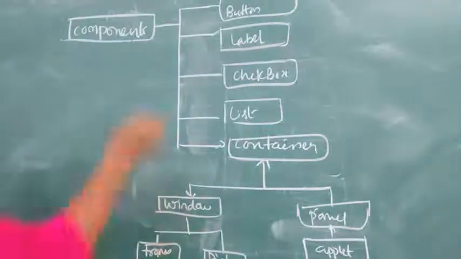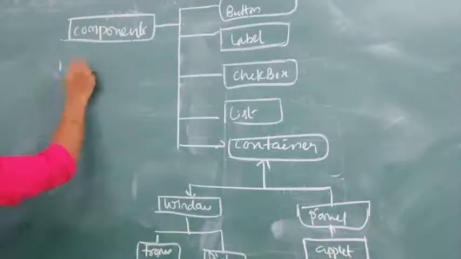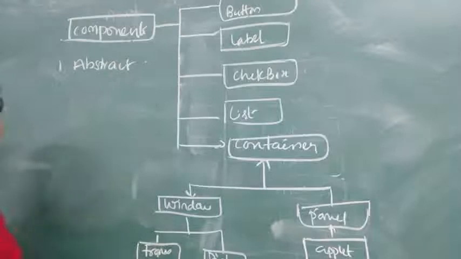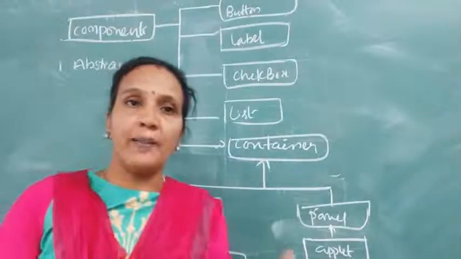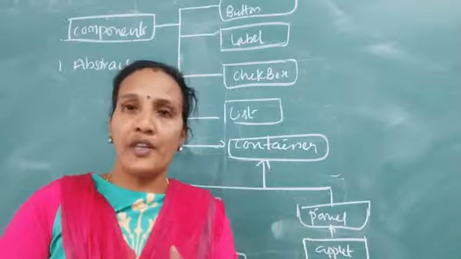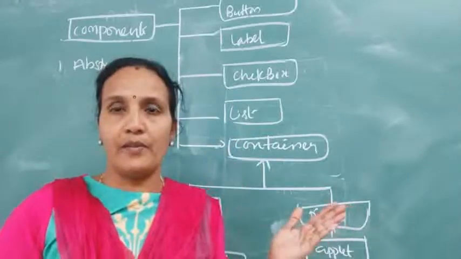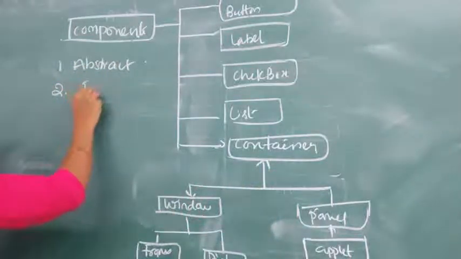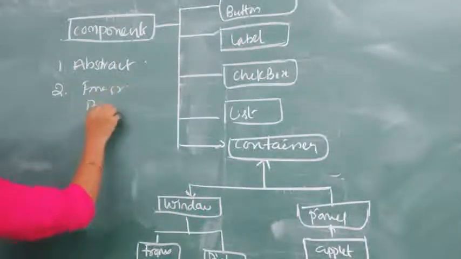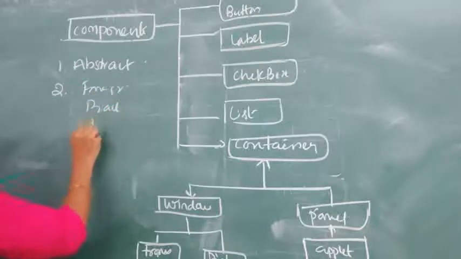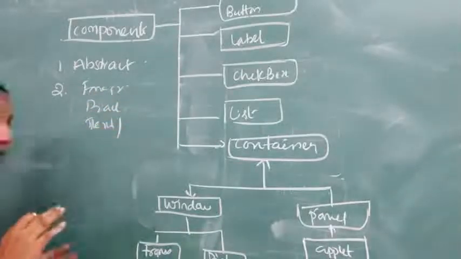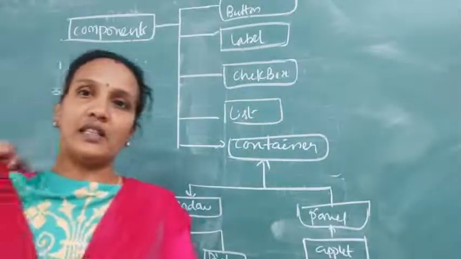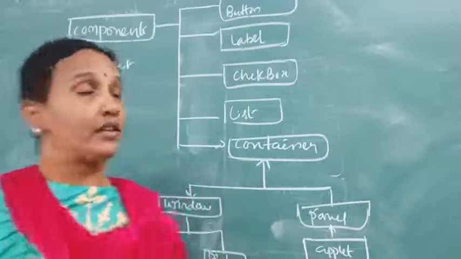And this component class is an abstract class, which encapsulates objects of all the different components. It contains information about what the foreground color is, what the background color is, what the text color and text style are in the present window you have. So this component class contains information about the current window.